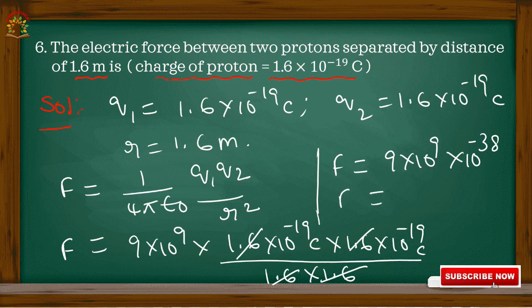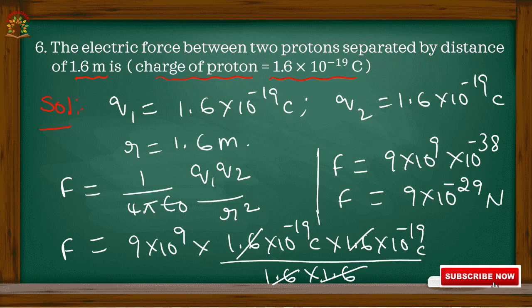So the final answer F is equal to 9 into 10 to the power of minus 38 plus 9, so minus 29. When bases are equal, powers should add with respect to multiplication. So 9 into 10 to the power of minus 29 newtons.